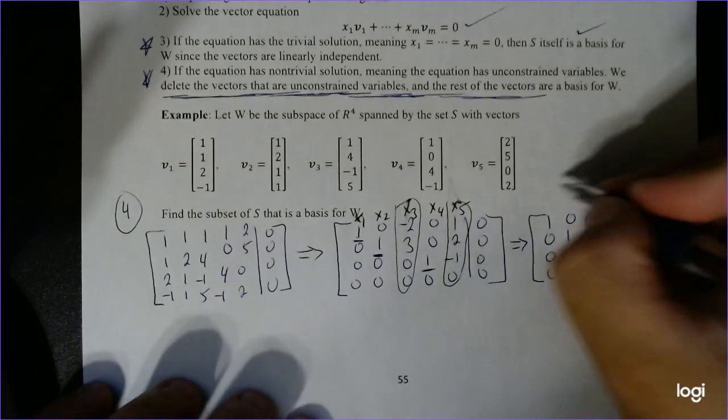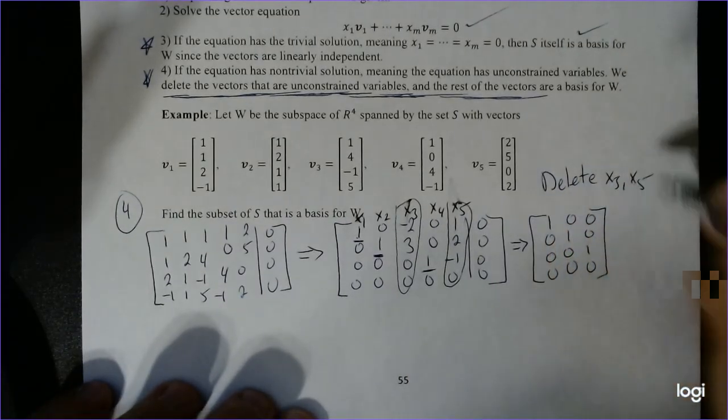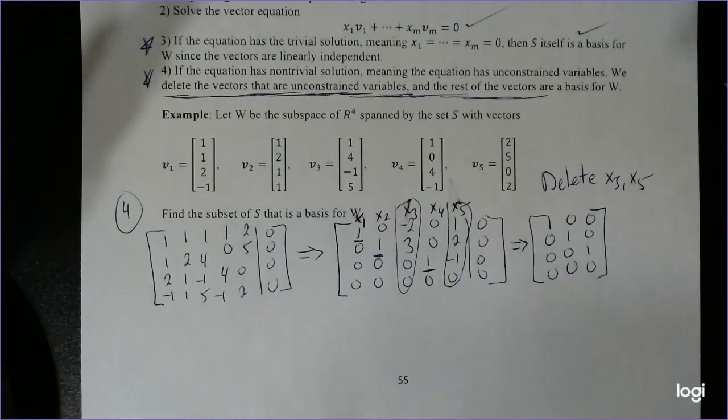So delete x3 and x5, which are our unconstrained variables. Now we have this. This itself is the basis for it.